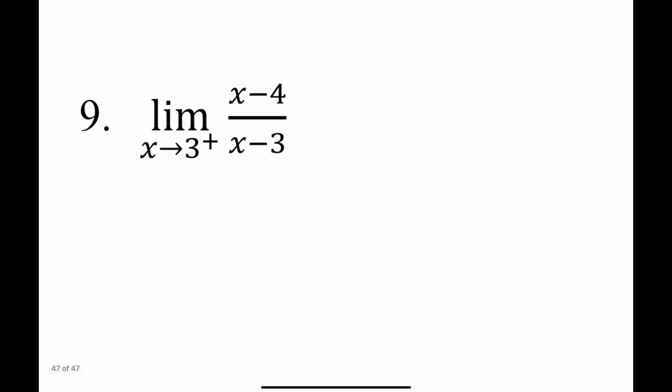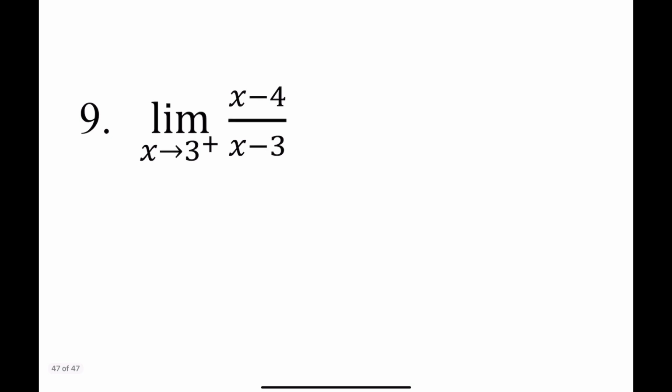And then now we have limit as x approaches positive 3 of 1 over x minus 3. Okay, let's try to plug this in first. So if you plug in 3, we get negative 1 all over 0, right?